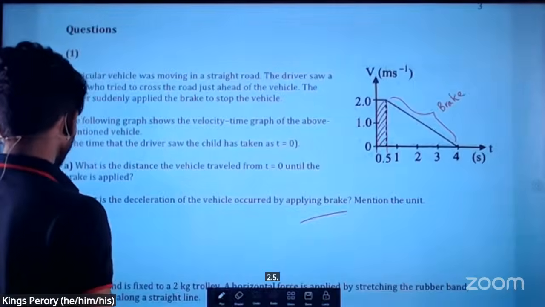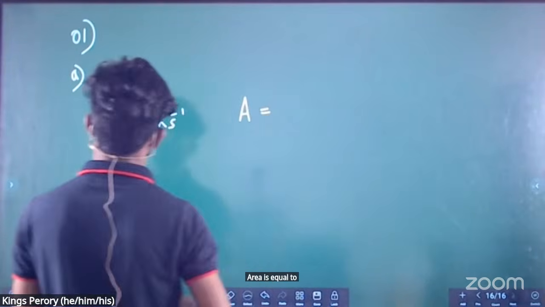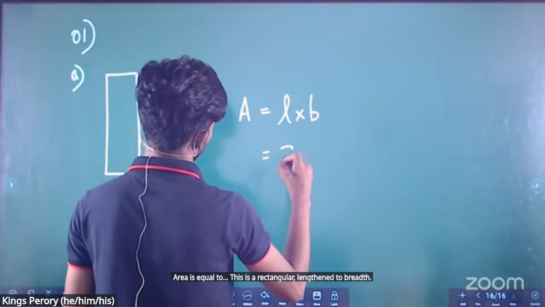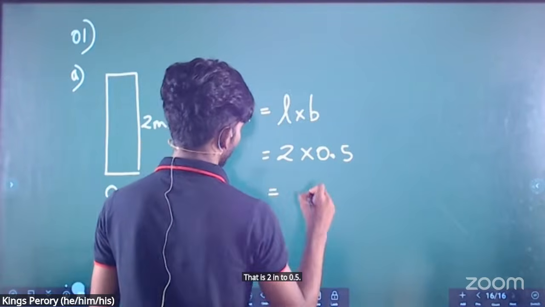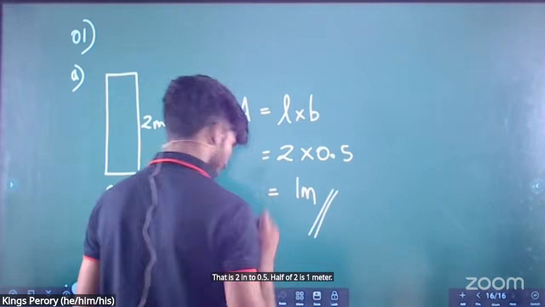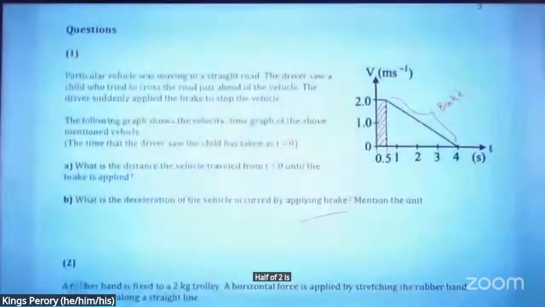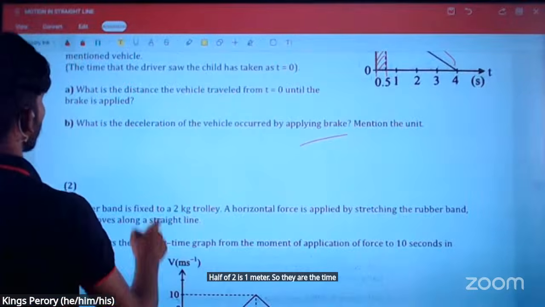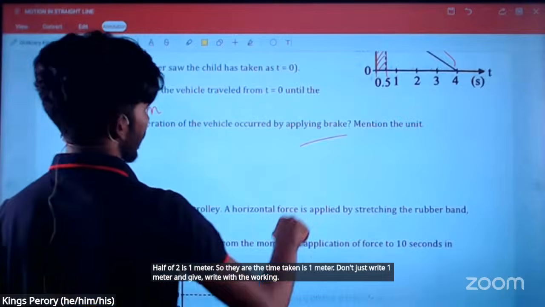Find the area. Work it out. The area is equal to length into breadth, that is 2 into 0.5. Half of 2 is 1 meter. Don't just write 1 meter, write it with the working. Now is the time for you to work.